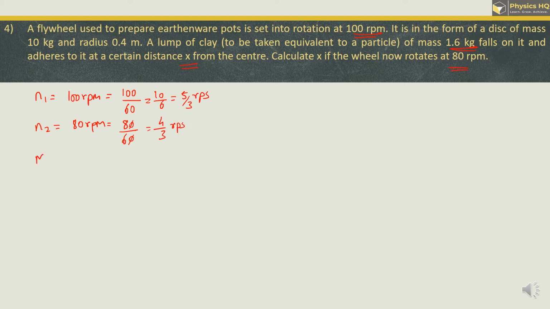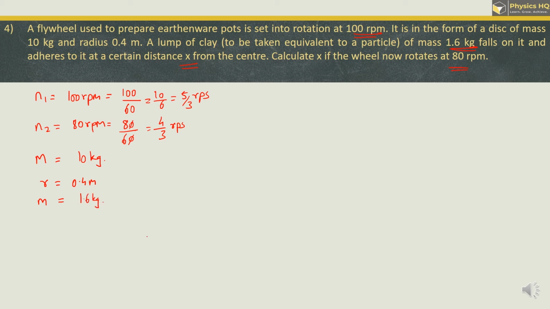Now the mass of the disc is 10 kg. The radius of the disc is 0.4 meter. Then we have the mass of clay, which is 1.6 kg. Okay?